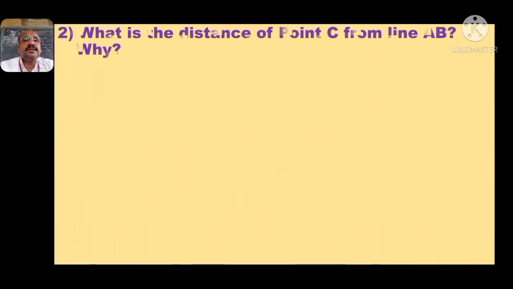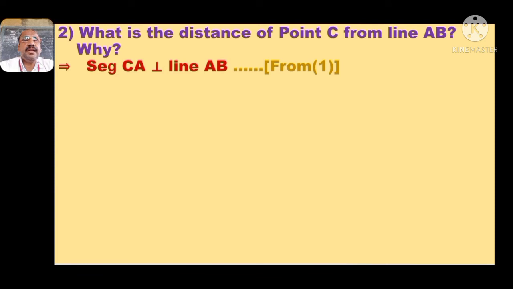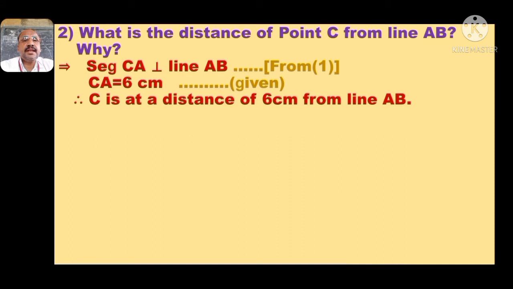Now, second question, what is the distance of point C from line AB and why? Segment CA is perpendicular to line AB from equation number first. Therefore, CA is equal to 6 cm, which is given. Therefore, C is at a distance of 6 cm from line AB.